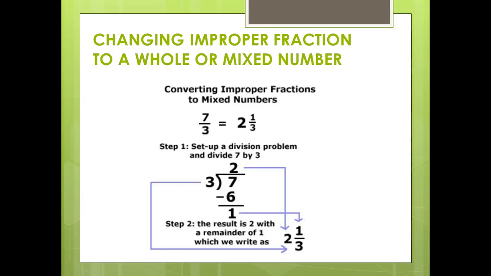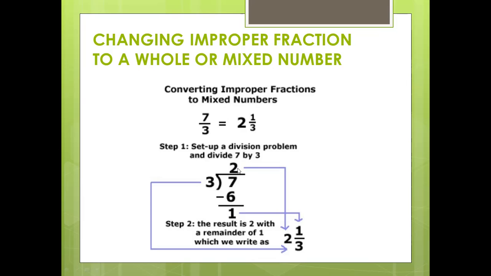So again, if we are going to change an improper fraction to a mixed number, we have to set up a division problem and divide the numerator by the denominator. Our denominator will become our divisor and our numerator will become our dividend.